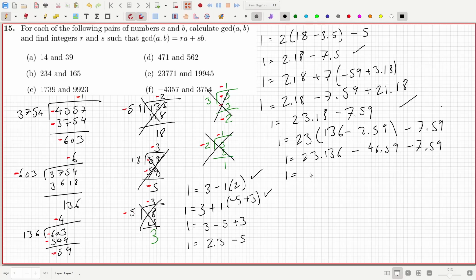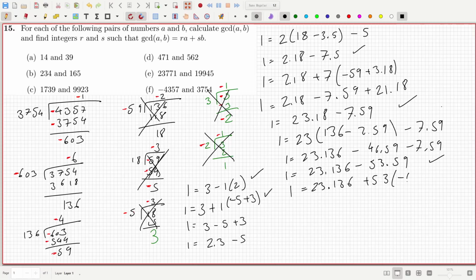So that's 1 equals 23 times 136 minus 53 times 59. Now let me just check that I'm still good. Yep, I'm still good to here. Okay. So now I've done that. So now I'm replacing the 59. Okay, 1 equals 23 times 136 minus 53 times 59.